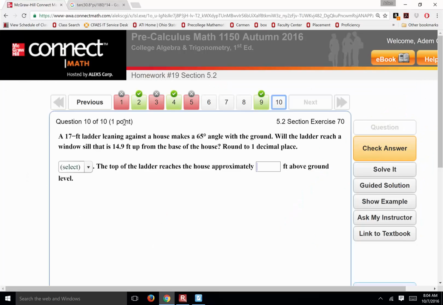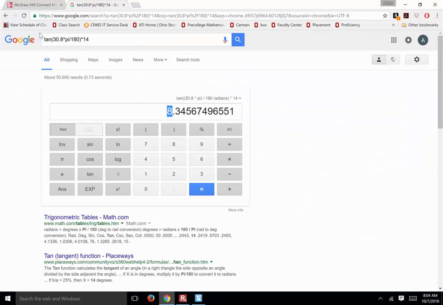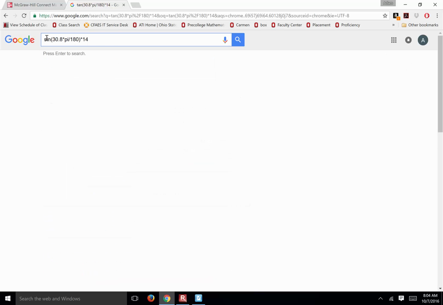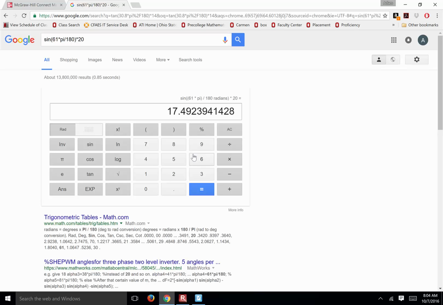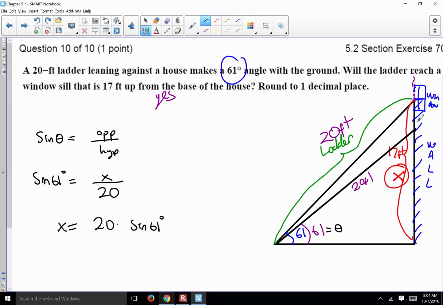So I will just flip a couple of things here. I think we'll make this sine 61 multiplied by 20. Wow, barely. Yes, 17.49. We are reaching that window.